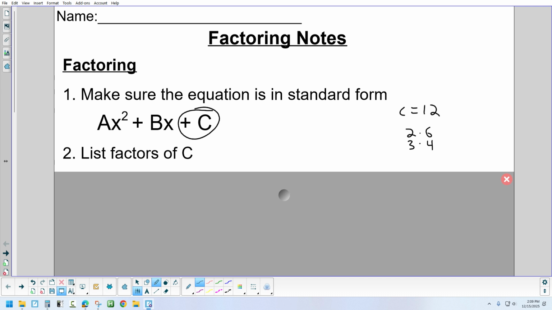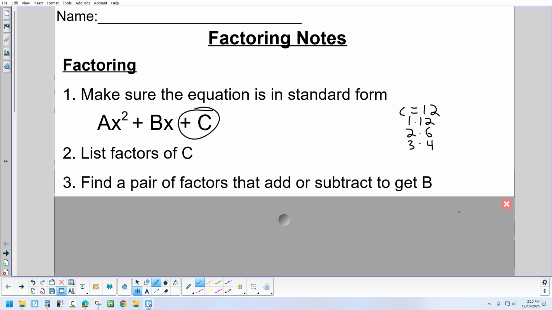Yep, so we've got 6 and 2, same as 2 and 6. There's one more. Yep, 1 and 12. So when I say to list all the factors of C, this is what I mean: write down all the numbers that multiply to give you 12, or whatever number it is you're working with. The bigger this number gets, the more pairs you might have to list, but I'm not going to give you ones that are huge.